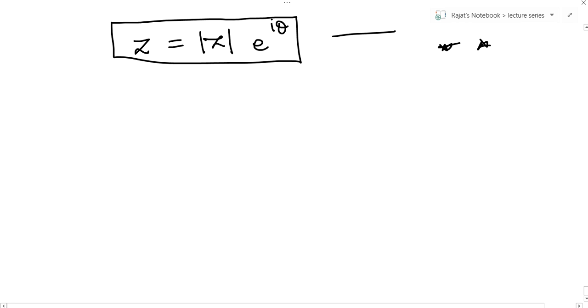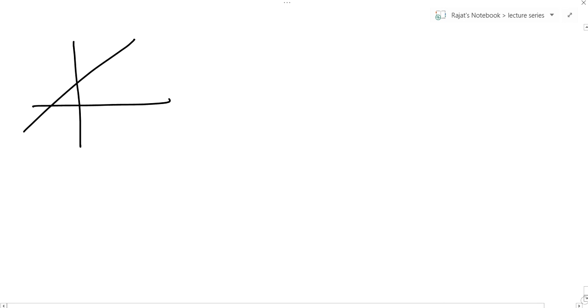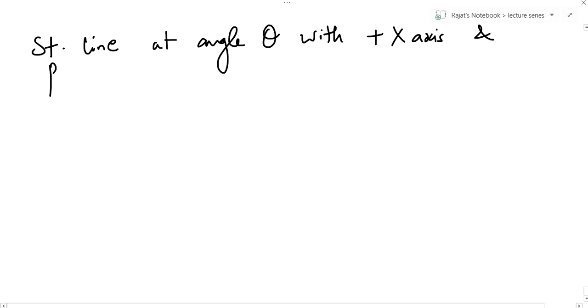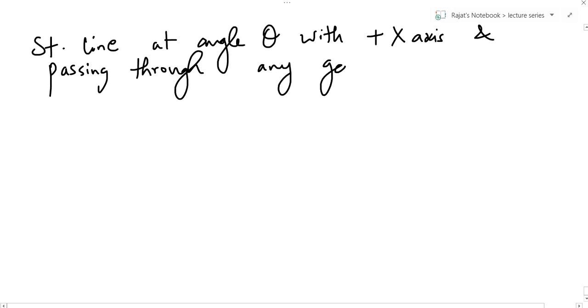What about a line if it is not passing through the origin? Suppose this is a line, then what? Yes, we have the solution. Let's see. So a straight line at angle theta with positive x-axis and passing through any general point, let us say z1.